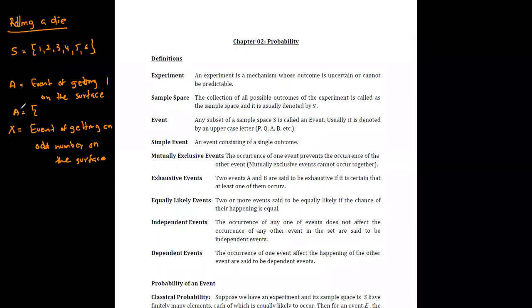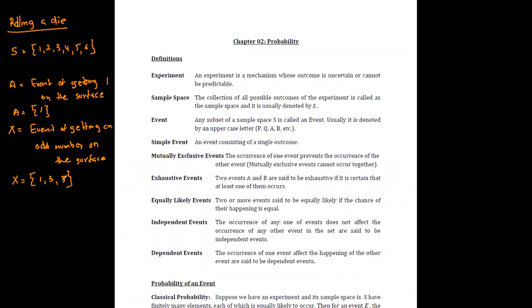Therefore, for the event of getting 1, since it is simple, we will say that A is equal to {1}. Then for the event X, getting an odd number on the surface, the odd numbers that we can get are 1, 3, and 5. Then the elements of the set X are 1, 3, and 5.